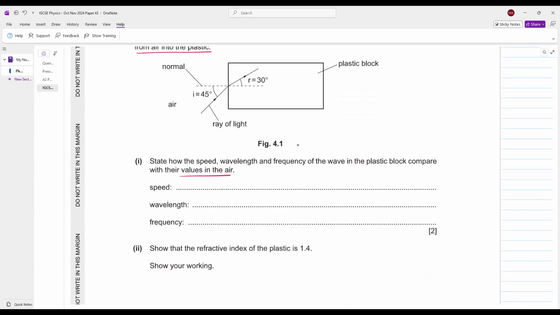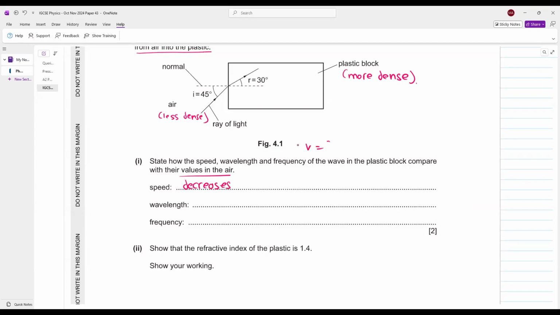So air is a less dense material. Plastic is a more dense material. What happens as you go from less dense to more dense material, or what happens as you are undergoing refraction? Your speed decreases.